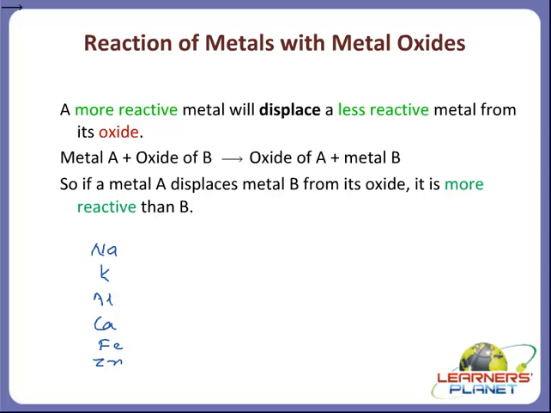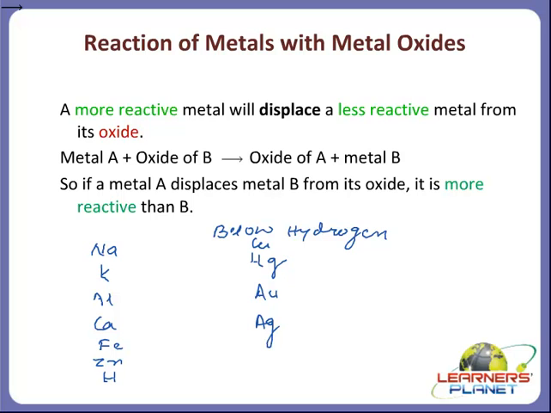Now those lying below hydrogen in the reactivity series, what are those metals, children? They are mercury, silver, gold and copper, of course.